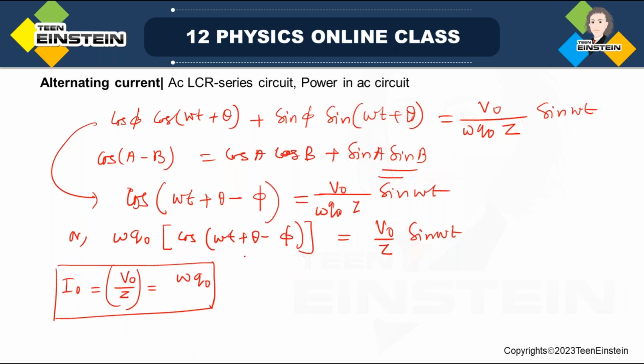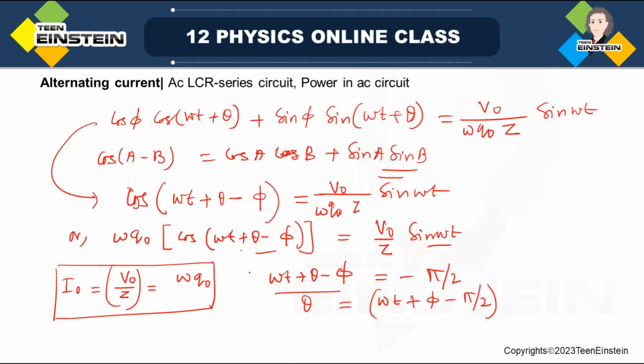Now if we compare the sine and cosine terms, then omega t plus theta minus phi is nothing but pi by 2. That means theta is equal to omega t plus phi minus pi by 2.